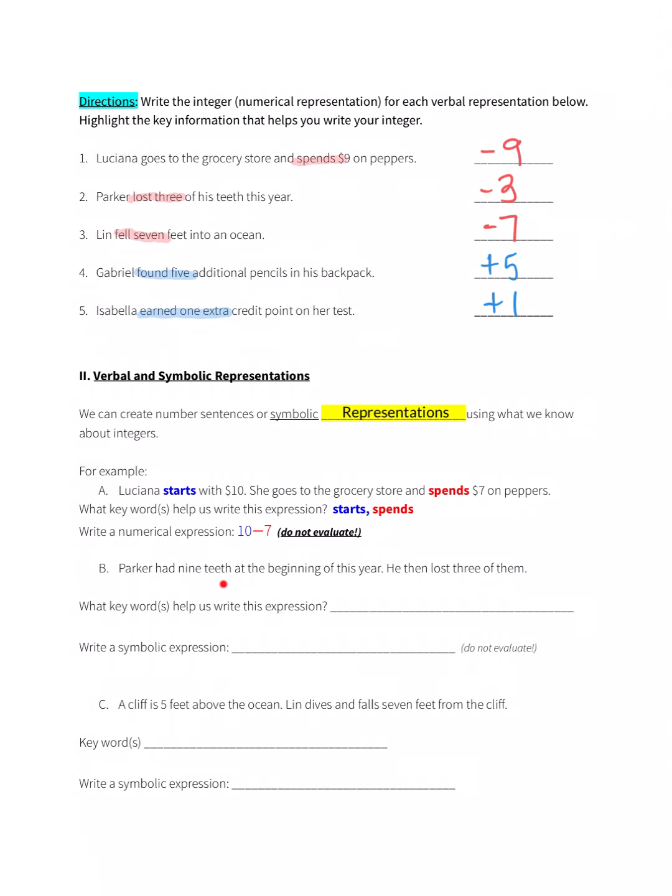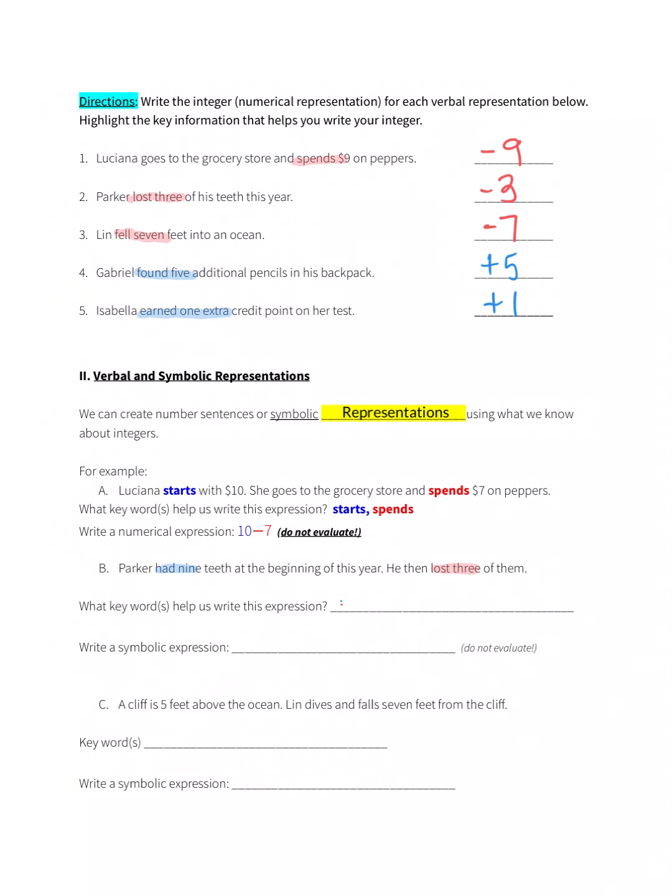Parker had 9 teeth at the beginning of this year. He then lost 3 of them. So what is going on here? So had 9 teeth. So it's important to be aware of your starting point. So he had 9, the start of the year, and then he lost 3 of them. Okay, so we found those keywords, and you can write those down here.